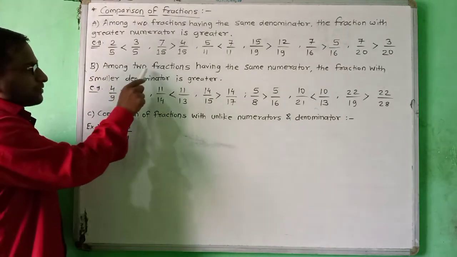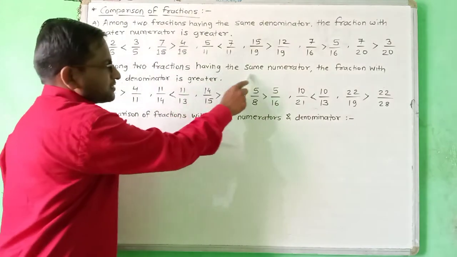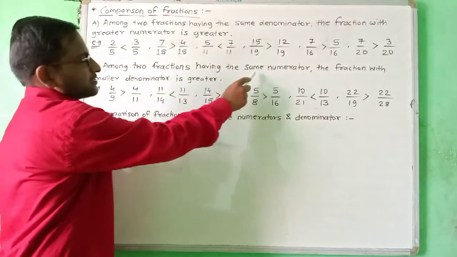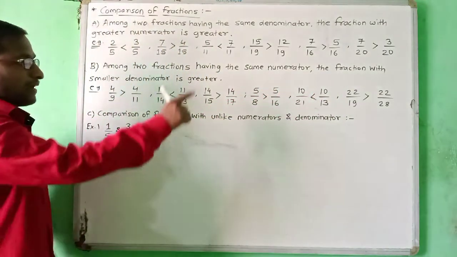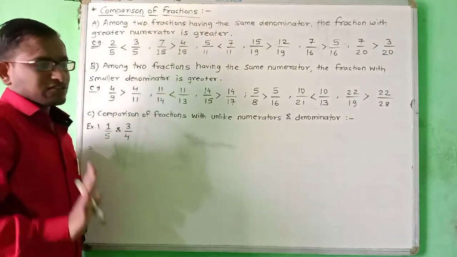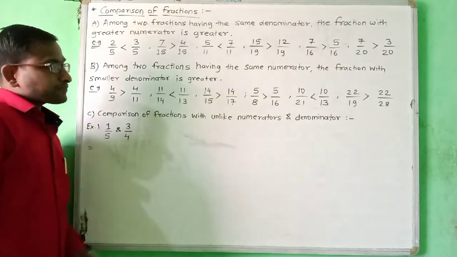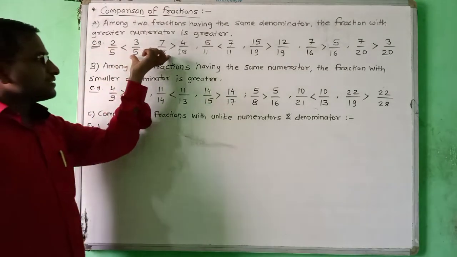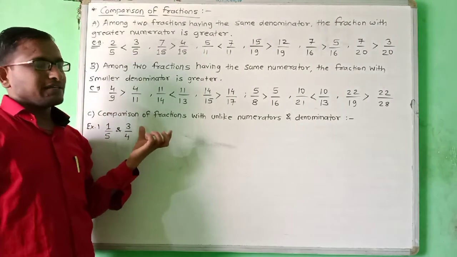Next point, among two fractions having the same numerator, the fraction with the smaller denominator is greater. In the previous section the denominators were the same, and in the second point the numerators are the same.